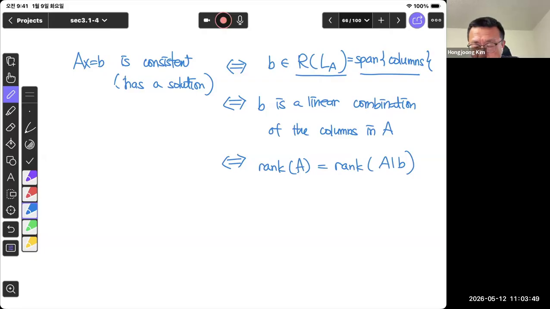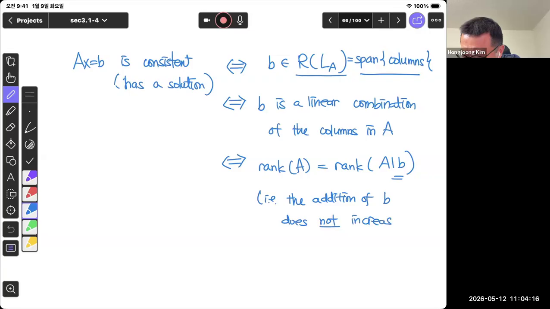In other words, the addition of B to the matrix does not increase the rank.